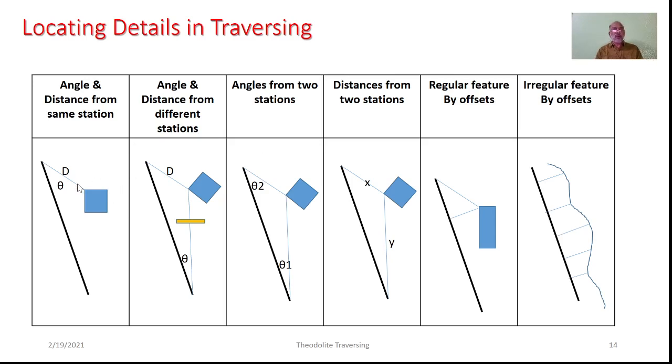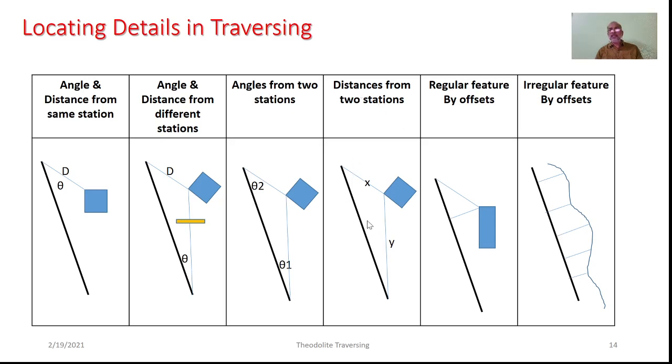In order to mark a particular feature under consideration, we can make use of angle and distance from the same station. We can make use of angle as well as distance from different stations. We can make use of angles measured at two stations simultaneously.